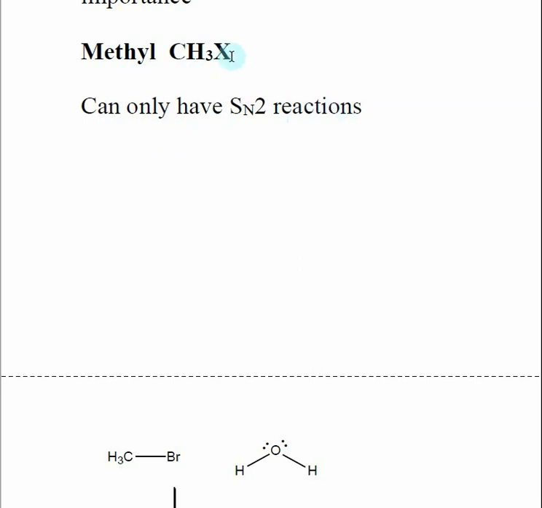You can't have elimination reactions because you need at least two carbons to form a double bond, and methyl carbocations are so unstable that I can't do an SN1 reaction. So with methyl halogens, I always get an SN2 reaction. It doesn't matter what I react with. It doesn't matter if my nucleophile is a good nucleophile or a poor nucleophile, it's going to react in an SN2 reaction.